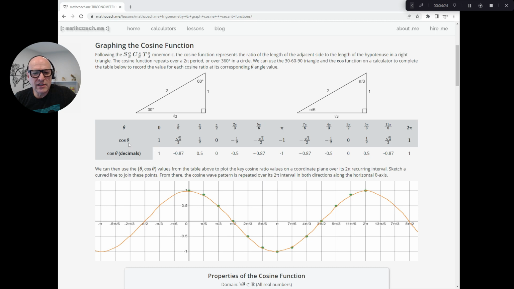For those 30 and 60 degrees, I can just read them right off of my special triangle, my 30-60-90 triangle. For cosine, it is adjacent over hypotenuse, so the cosine of 30 degrees would be root 3 over 2. The cosine of 60 degrees would be 1 over 2. So you can fill out those various points, or again, punch them into a calculator and fill out that table. Then you're ready to begin plotting.